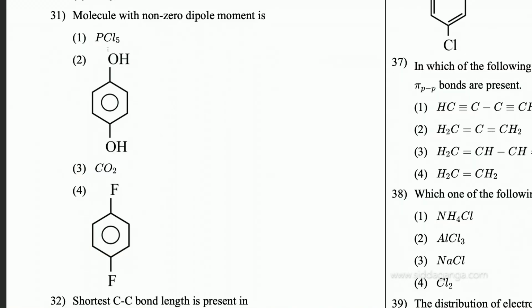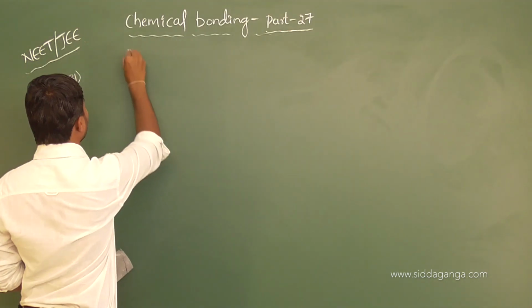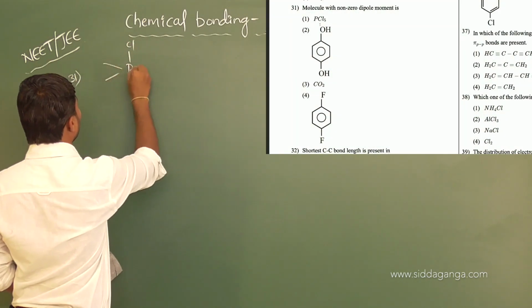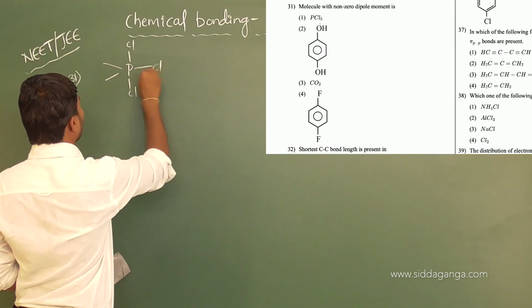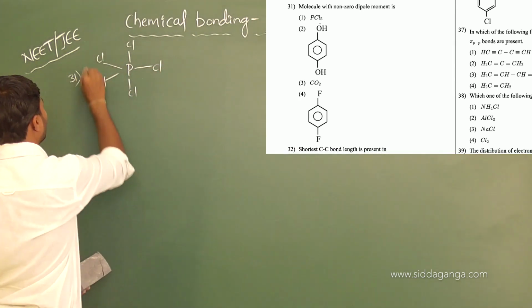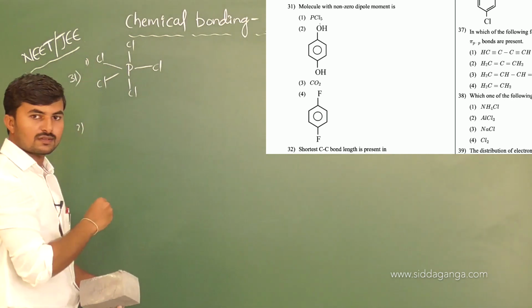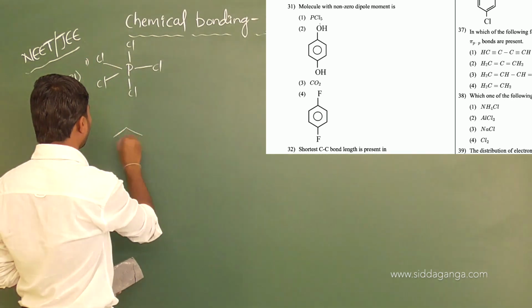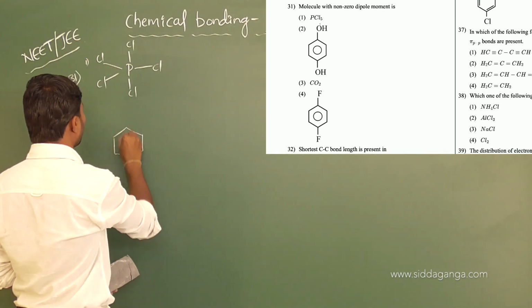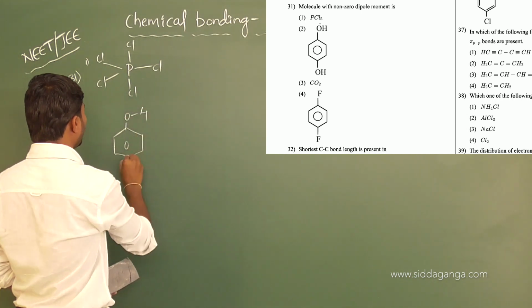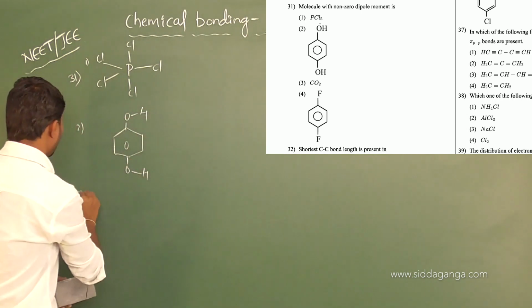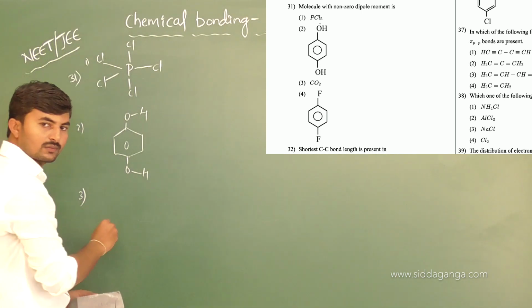The next question is: the molecule with a zero dipole moment is. The first molecule is PCl5. The second one is the dihydroxy compound, that is OH.